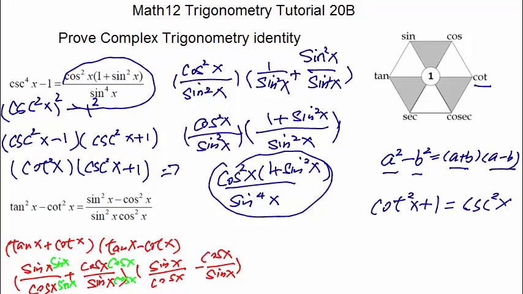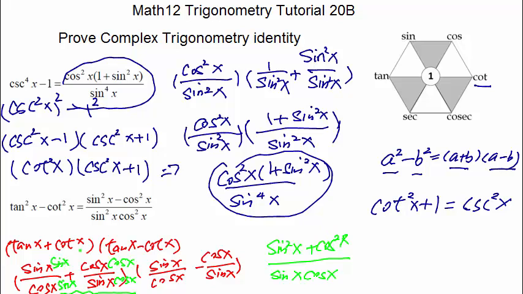On the top, we have sine x squared, cosine x squared. So this part is going to be equal to sine square x plus cosine square x over sine x cosine x.